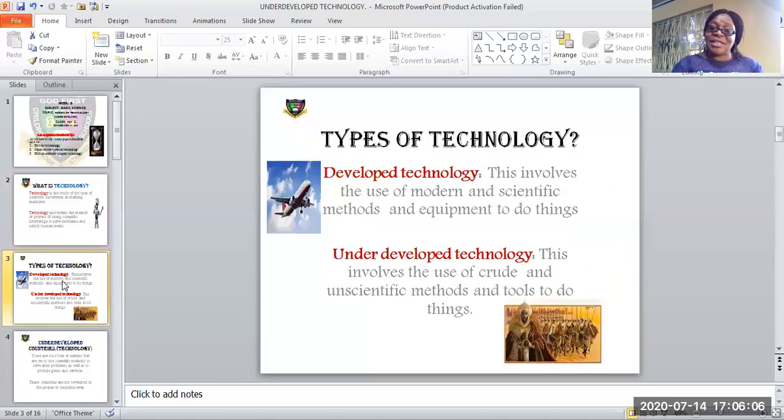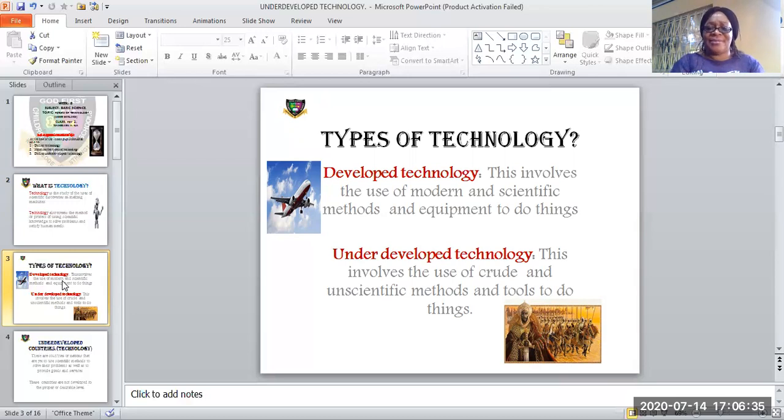What are the types of technology? Remember, technology is using scientific methods, discoveries and knowledge to solve problems, to create machines, complex or simple, that will solve human problems, and to meet human needs.